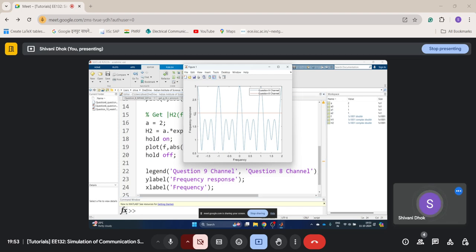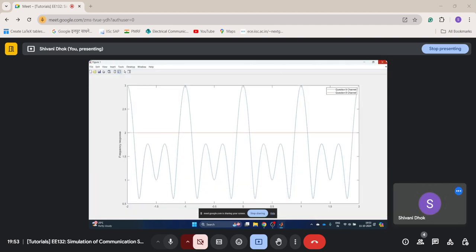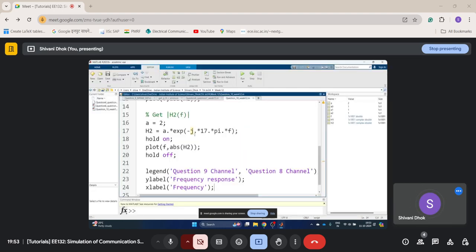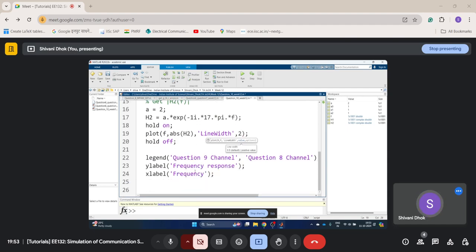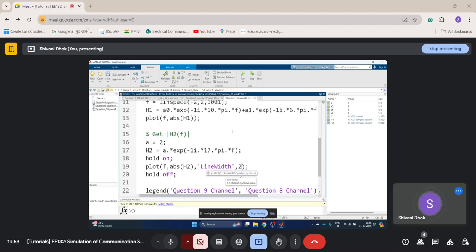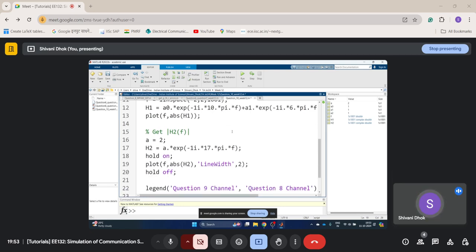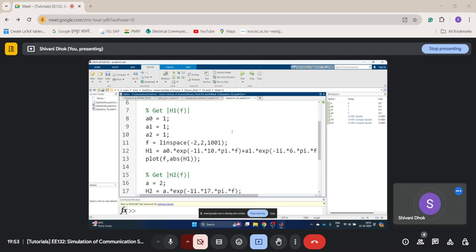Now if you observe here, let me just increase line width so that it's visible properly. So line width 2, and similarly I can add line width 2 for h2, this h1.